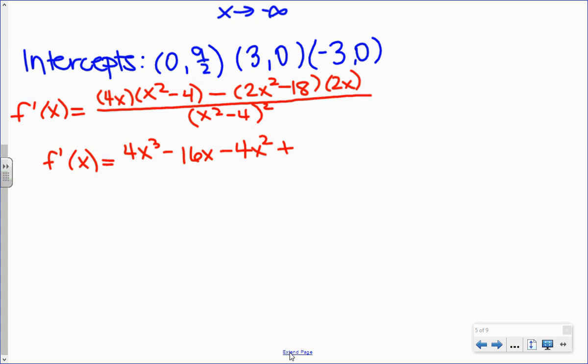So then we have negative 4x cubed and this becomes a plus 36x. Why is it a plus 36x? Two negatives make a positive, because we have this negative here. This negative is easy to forget about when we're distributing over here.